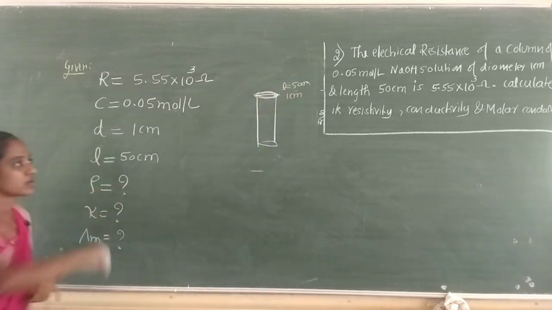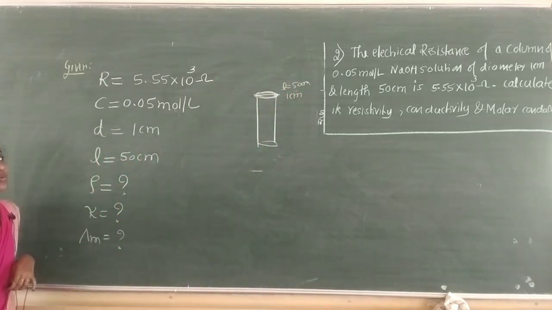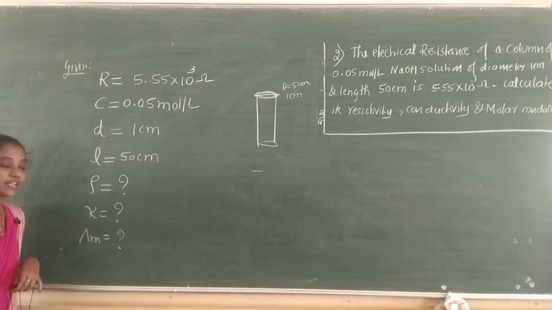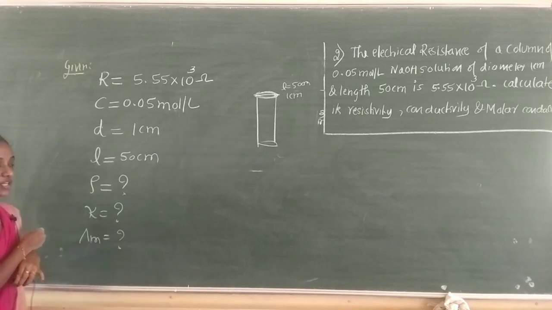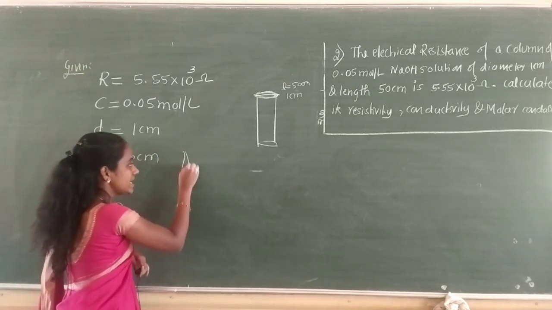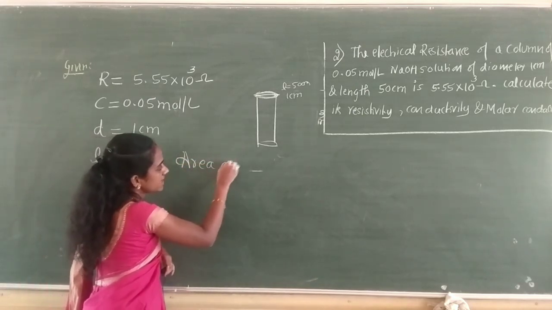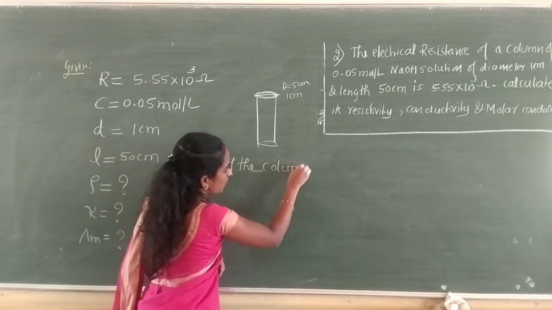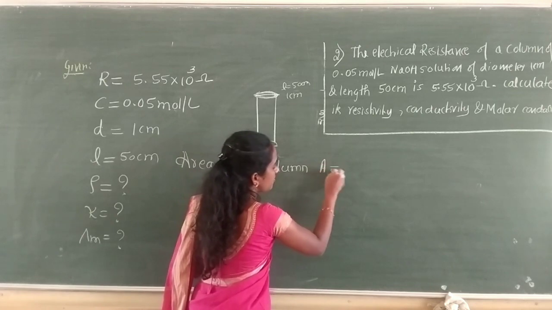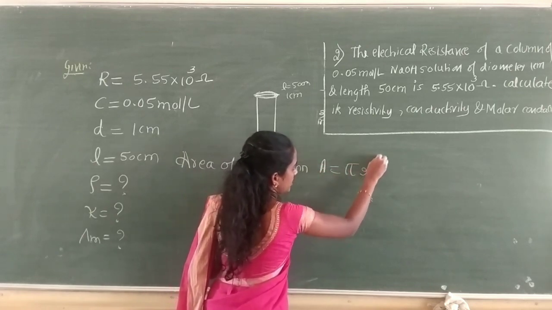Now, we can calculate the area because in order to calculate the cell constant, that is L by A, we have length here but area is not given. So first we need to calculate the area of the column, which is equal to pi into r square, isn't it?